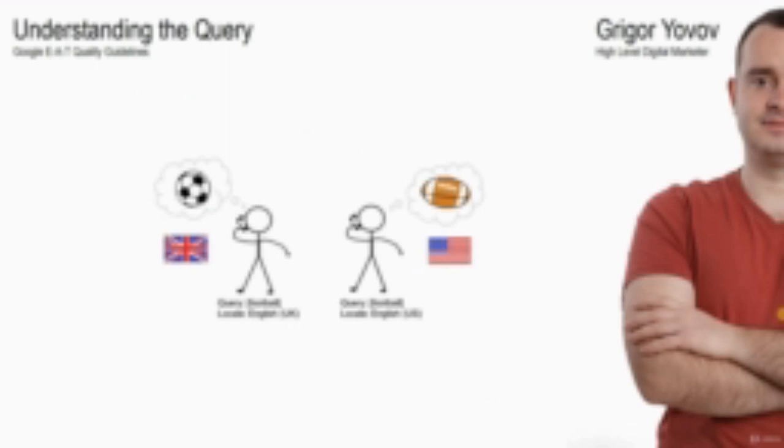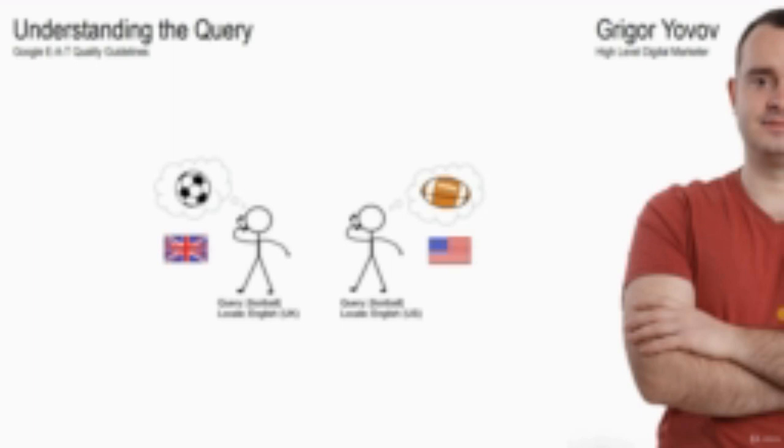Another perspective is the diversity of language and the diversity of meanings of specific terms in different countries. Let's say when you say football in Europe, this means soccer, this type of football, and when you say football in the US, it means so-called rugby, which is a different type of sport.